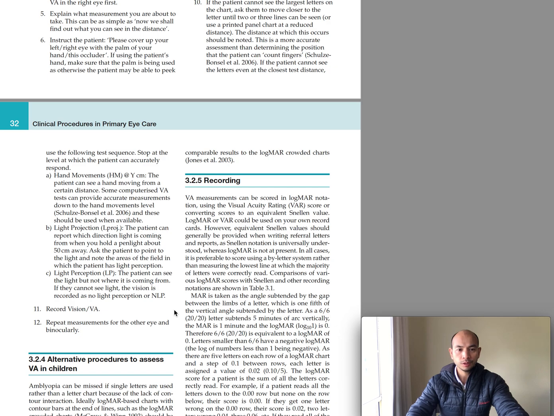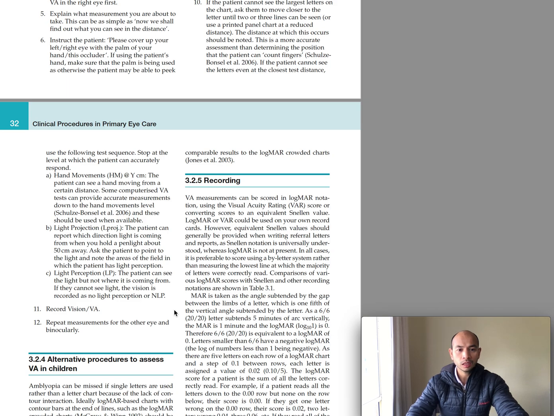B. Light perception. The patients can report which direction light is coming from when you hold a pen light about 50 centimeters away. Ask the patients to point to the light and note the area of the field in which the patient has light perception. Then there is just light perception: the patient can see the light, but not where it's coming from.